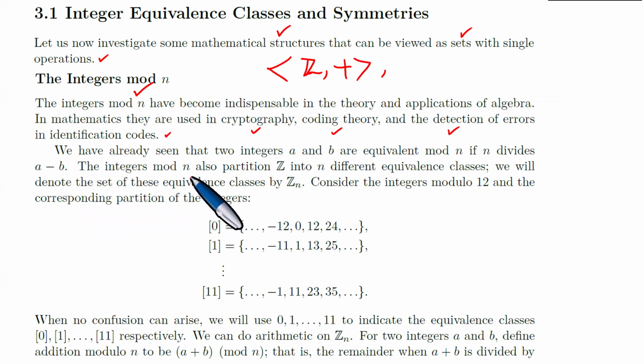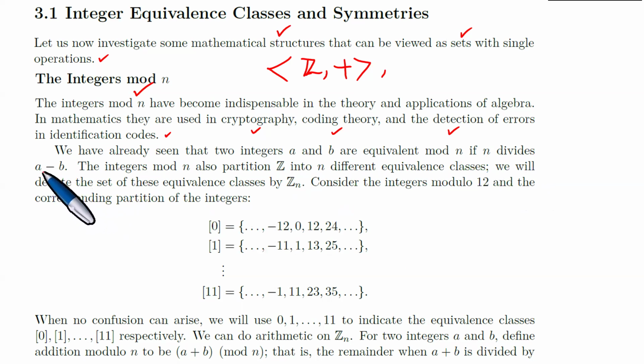The integers mod n also partition Z into n different equivalence classes. Very important. So we say that two integers a and b are equivalent to each other modulo n if n divides a minus b.